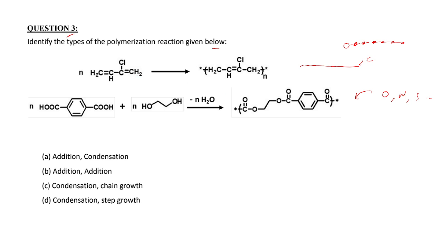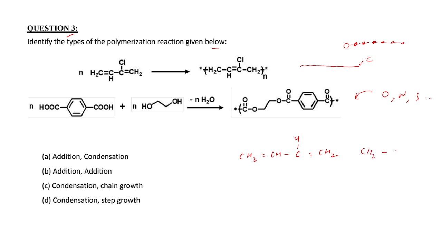You can see here, this is the addition reaction. When one monomer reacts like that, CH2, CH, CCl, and CH2. So this is the monomer. When it reacts with another monomer, let me write here CH2.